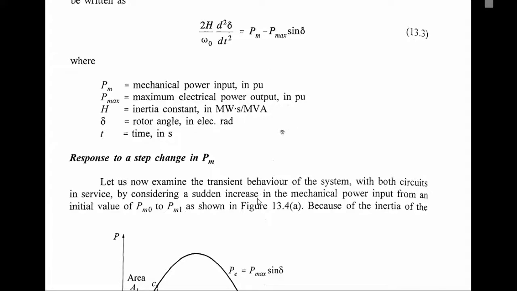So when it experiences a ground fault, we need to look at different situations: the electrical power flowing from our machine to the infinite bus before the fault, during the fault, and after the fault.